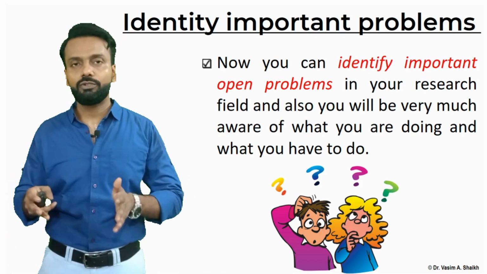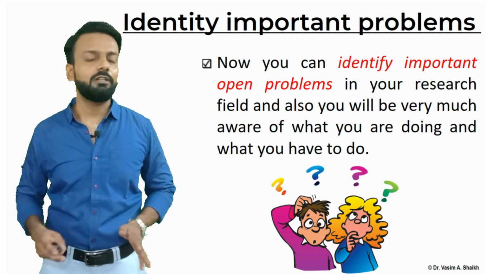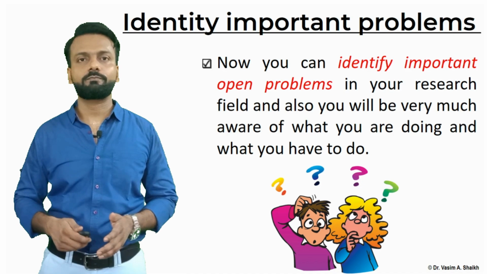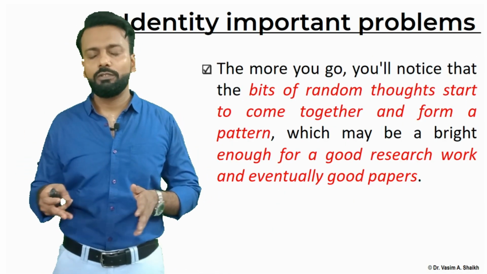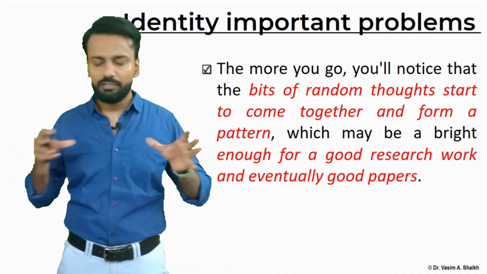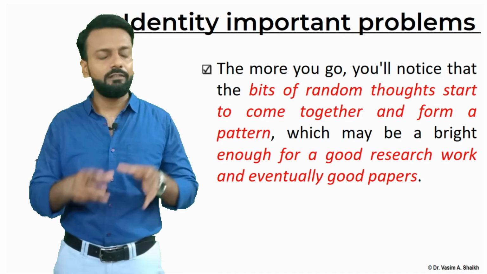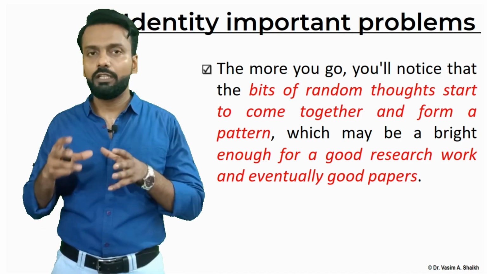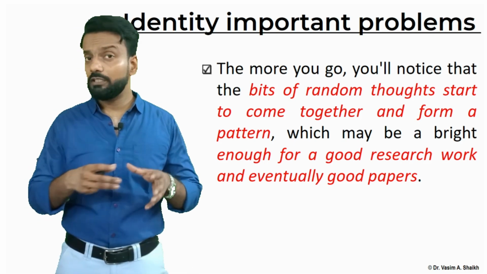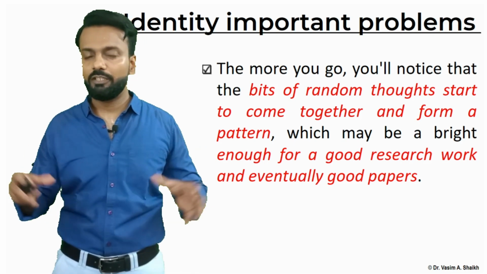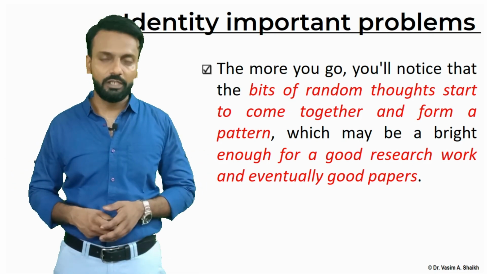So you need to shortlist some of the problems from the things you have listed. The more you read what you have listed in the journal, you can feel that all these bits and pieces, randomly, are coming together and forming a pattern, and then you can formulate a good research objective and a good research problem from all these different bits and pieces, as they start falling together.